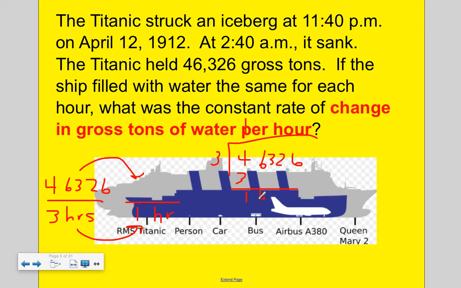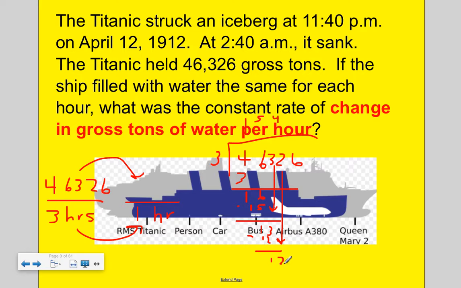How many 3's go in 16? 5 times. 16 minus 15 is 1. I bring down the 3. How many 3's go in 13? 4 times. 13 minus 12 is 1. I bring down the 2.